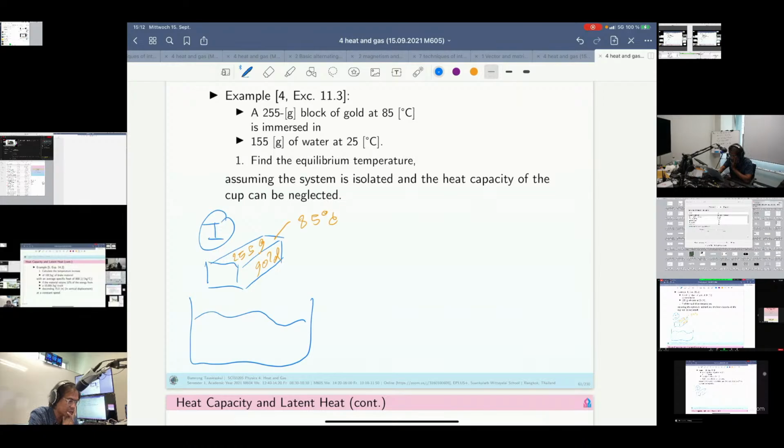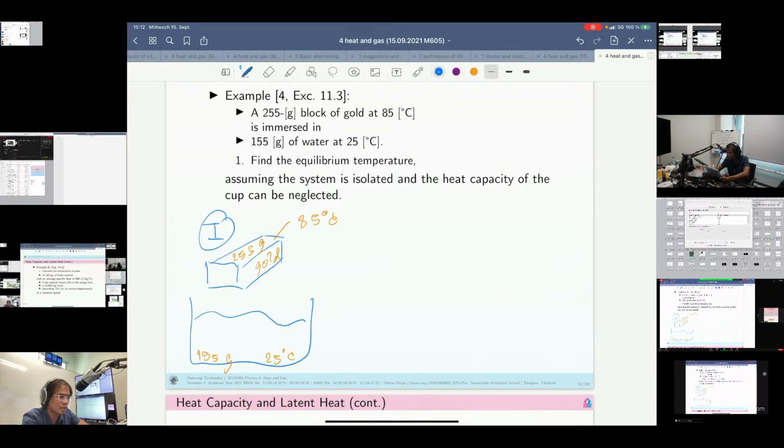And you have a cup of glass and you throw it into the water, which is 155 gram and 25 degrees Celsius.